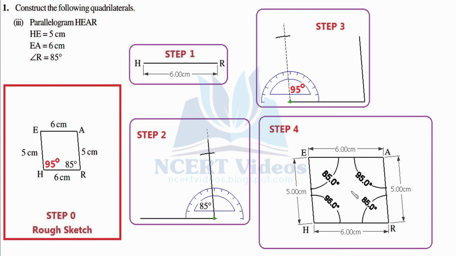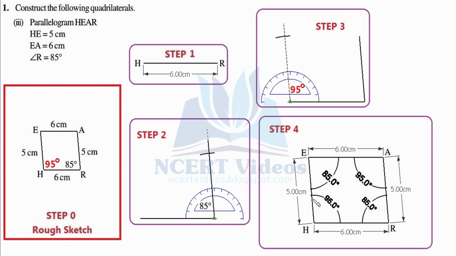Now we know opposite angles of a parallelogram are equal to each other. So angle A is opposite to angle H. So it will be 95 degrees. The same has been shown over here. Again, 85 degrees is opposite to vertex E. Therefore, vertex E should also be equal to 85 degrees. In this manner, we have depicted all the information, and indeed, our final image looks like our previous image.